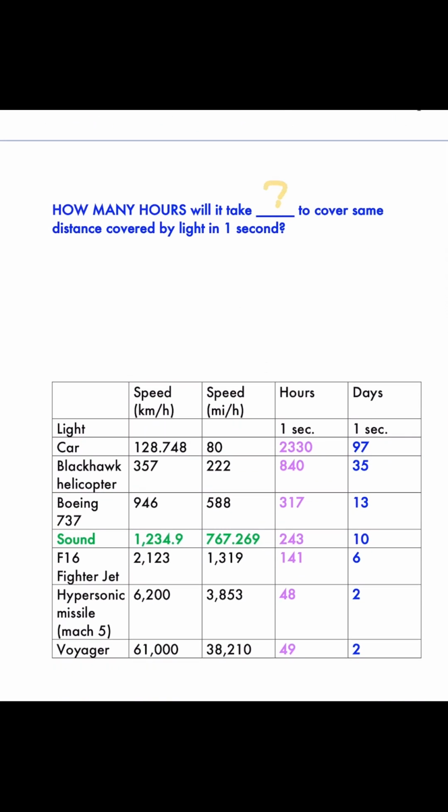So we can apply this to the next section, where it says how many hours will it take, where this could be any of these things listed here, to cover the same distance as light in 1 second. Applying the same calculations, we will see that a car traveling at a speed of 128 kilometers per hour, which is basically 80 miles per hour, will require 2,330 hours to cover the same distance as light, which is basically 97 days.